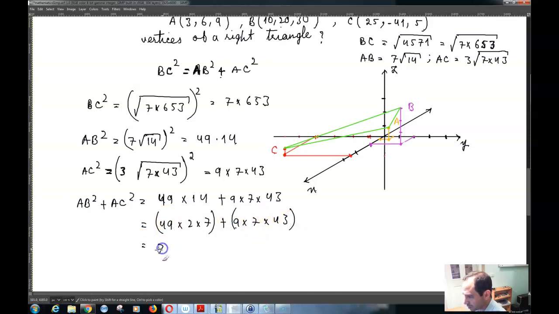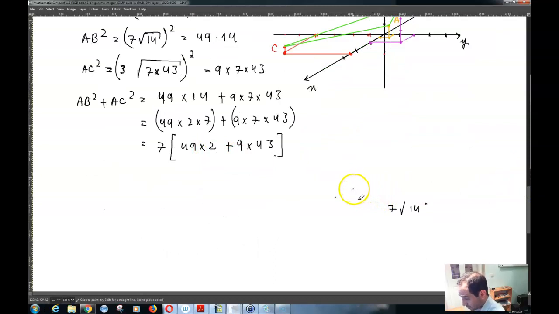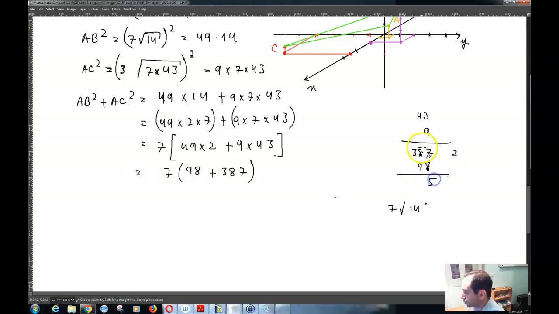Take a 7 out and write this as 7 times (49 times 2 plus 9 times 43). 49 times 2 is 98. 9 times 43 is 387. So 387 plus 98 is 485. 7 times 485.